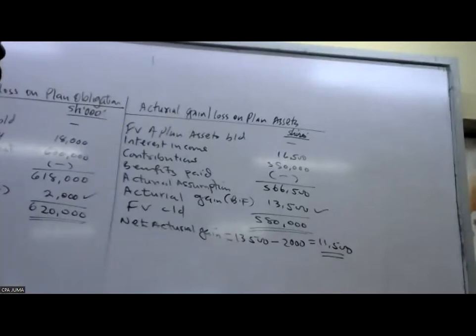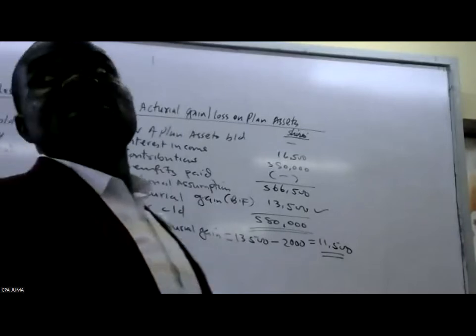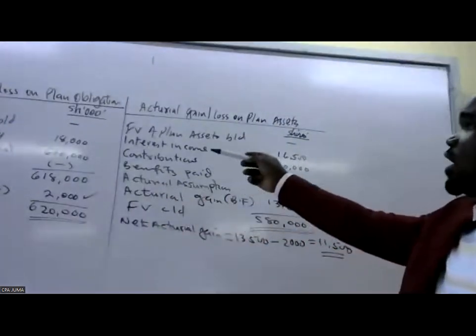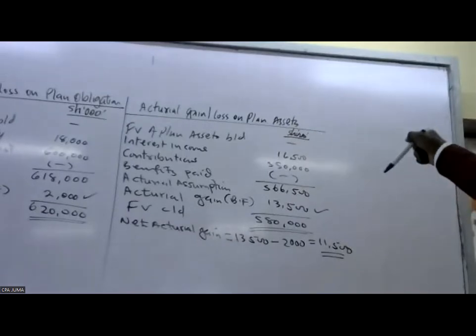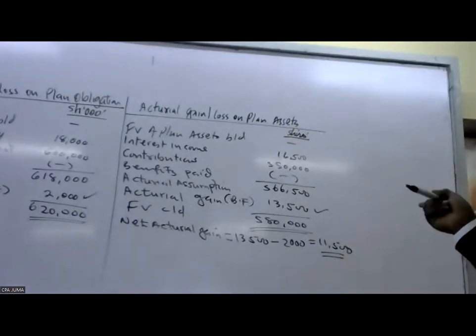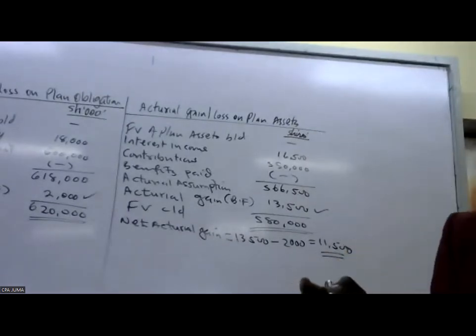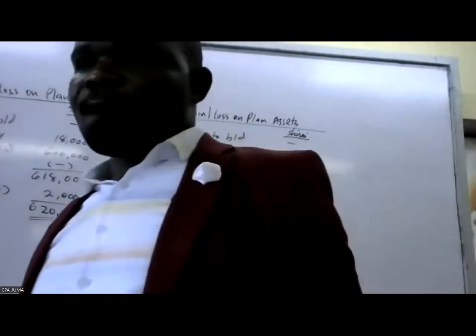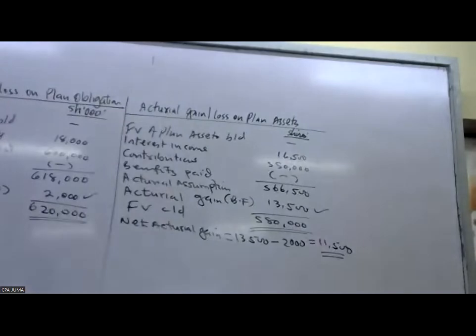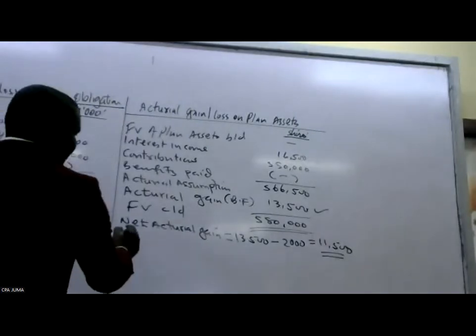Also interest, you can compress it for me. Interest expense was 18 on the obligations. On this side, interest 16. The net position will be net interest expense.